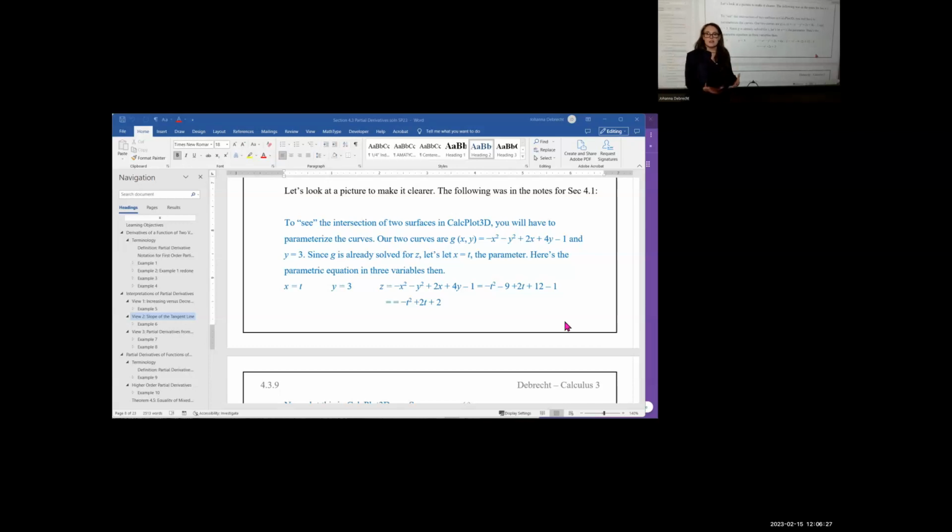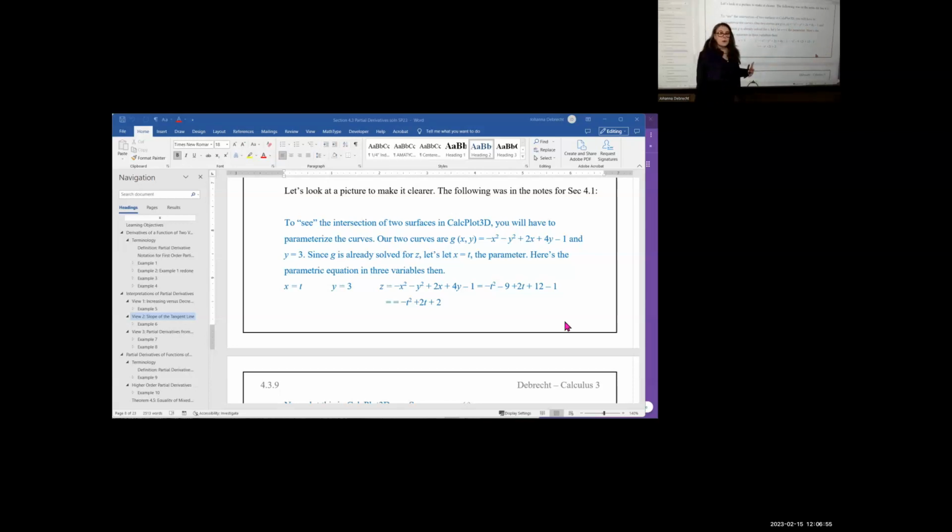Now, I have to tell you what constant value to use for the other variable. So this isn't something that you're supposed to know, I just picked y equal 3 at random. So we're going to do it for y equal 3. Now, the function is solved for z as a function of x and y. But if y is going to be 3, we can replace the y here and here with the 3, and that will leave us an equation in just x.